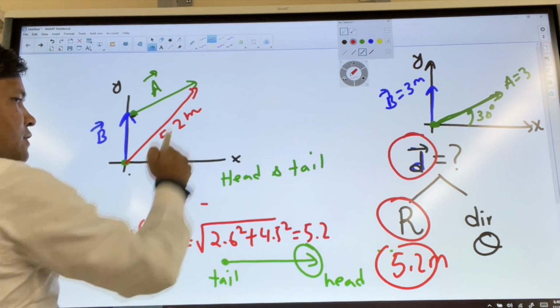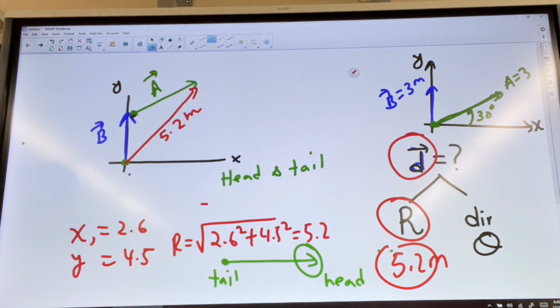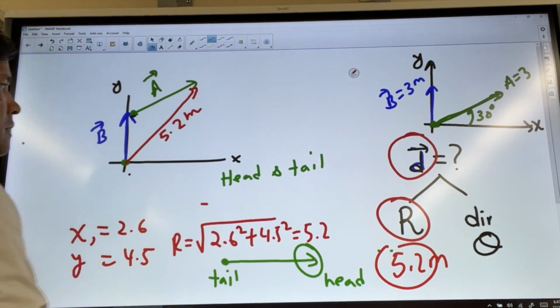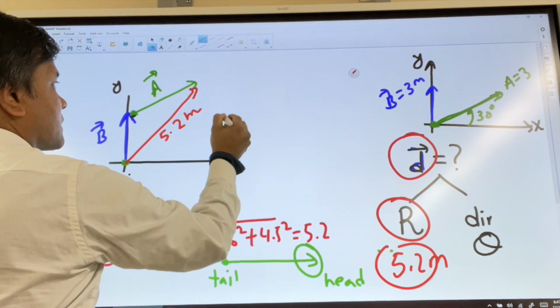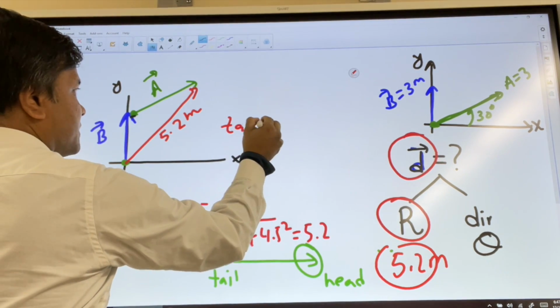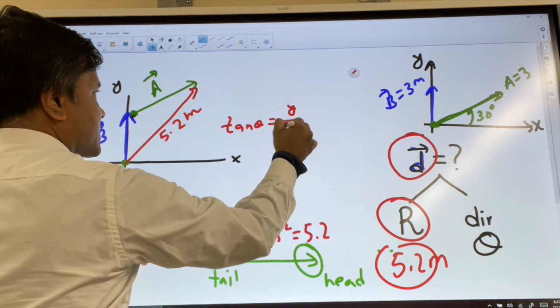Now we're going to find the angle. Let's see whether we can find the angle. We're going to use trigonometry. And in trigonometry, for angle, always tangent theta is y over x.